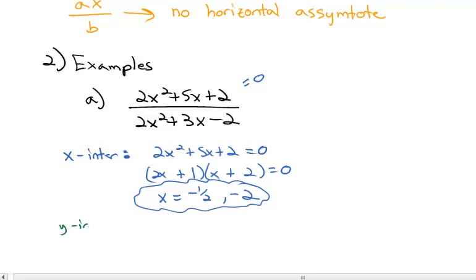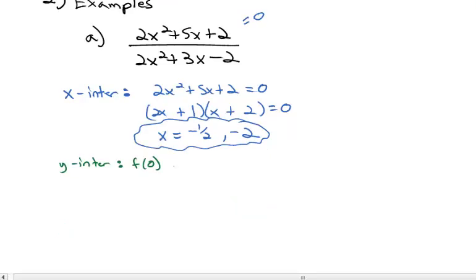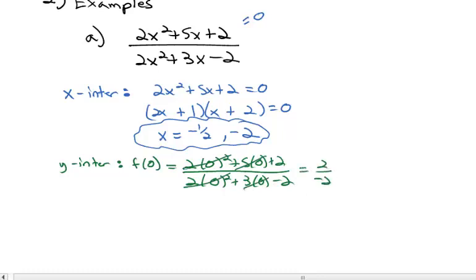We can find the y-intercept by finding what f of 0 is, plugging 0 into everything. So 2 times 0 squared plus 5 times 0 plus 2, over 2 times 0 squared plus 3 times 0 minus 2. The nice part about zeros is those all go to 0, so we have 2 over negative 2.